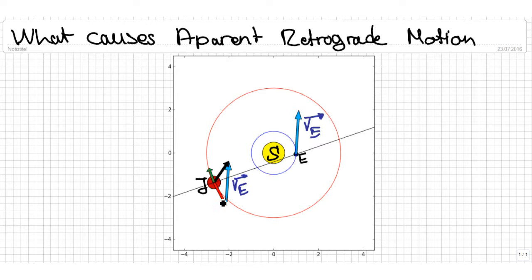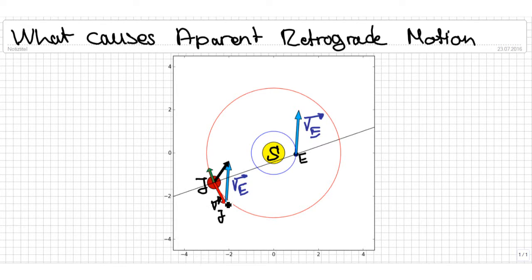Then there is the velocity vJ, a vector, which is the velocity of, say, Jupiter.